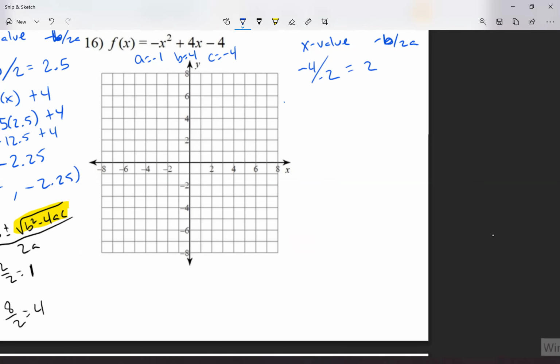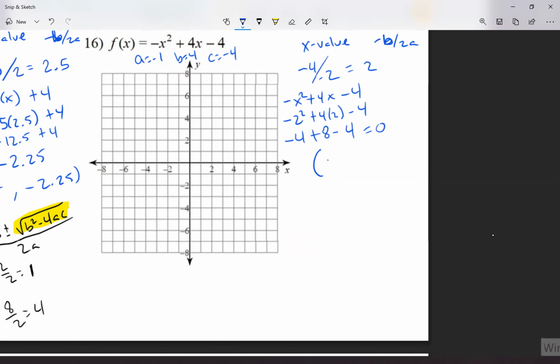Since the equation is negative x squared plus 4x minus 4, instead of x, let me write a 2. So I have negative 2 squared plus 4 times 2 minus 4. So that gives me negative 4 plus 8 minus 4. According to my calculator, that's 0.